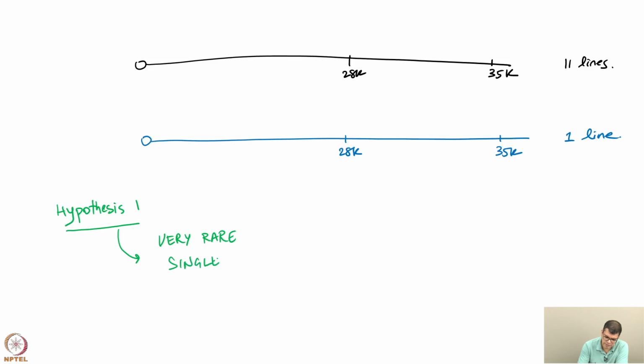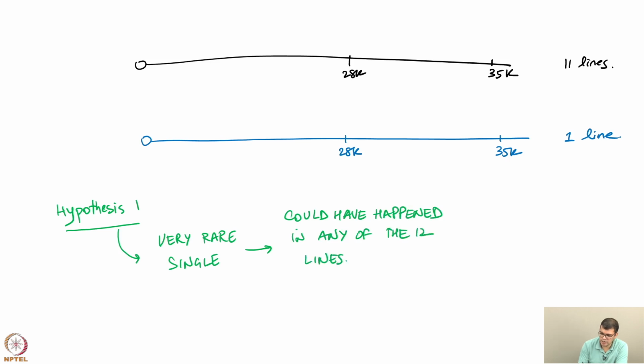If that is the case, then this rare mutation could have happened in any line. Could have happened in any of the 12 lines, because it's so rare, and it only happened in this particular one because this was the fortuitous one which happened to acquire that mutation.